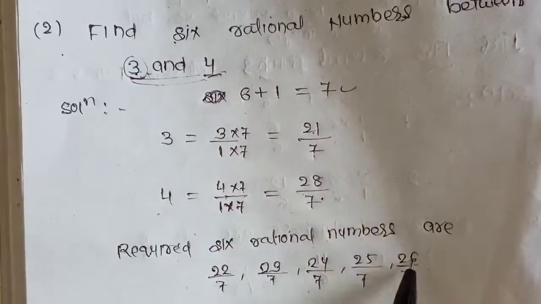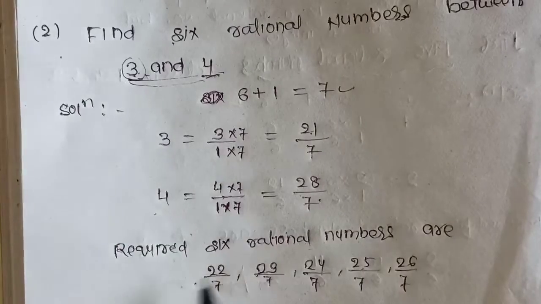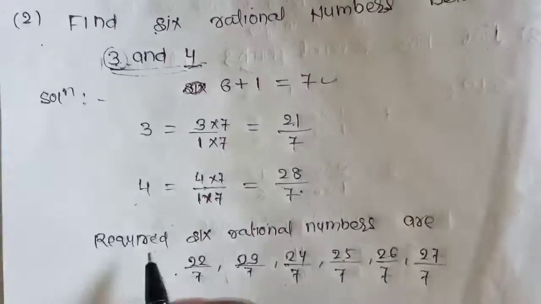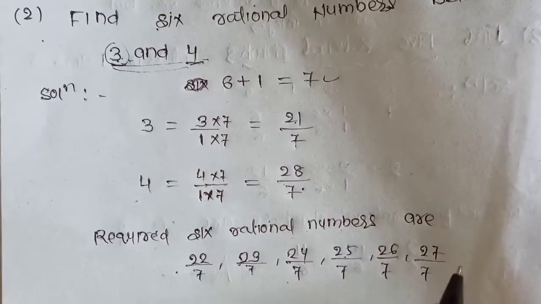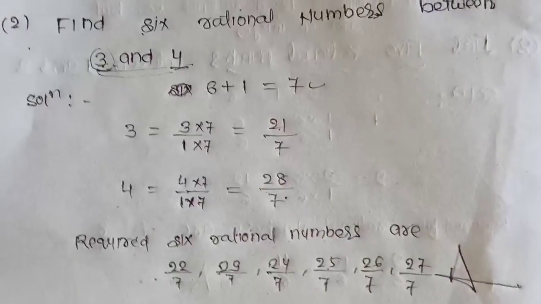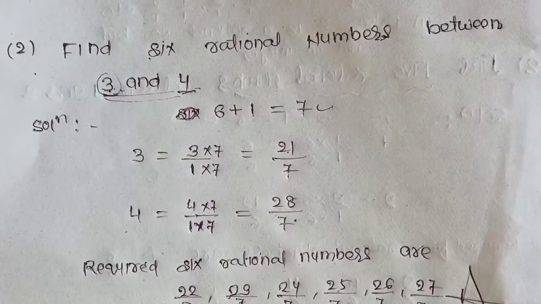How many rational numbers are there? 1, 2, 3, 4, 5. And also 27 by 7. So the required 6 rational numbers are these. This is our answer. Okay, question number 2 is completed. I hope you all will understand easily.